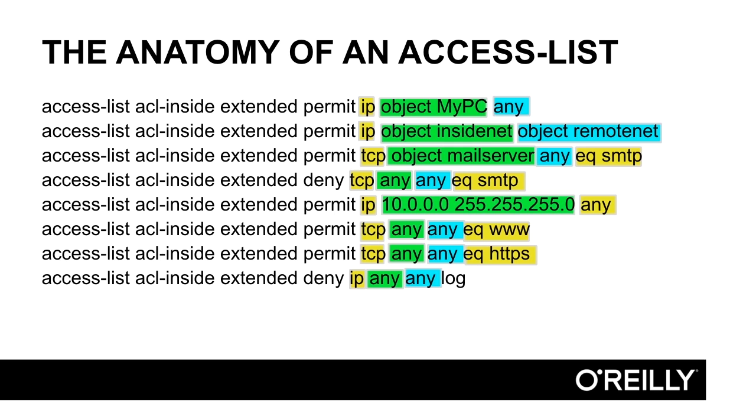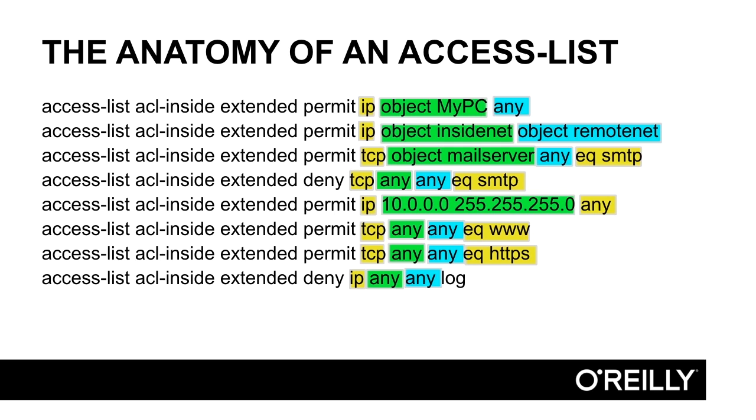So we have source definitions, destination definitions, and protocols. Everything must match on a line. If traffic comes in that is TCP and it is SMTP and it is not from the object mail server as the source, it will not match line 3.